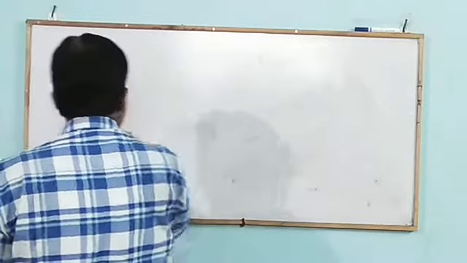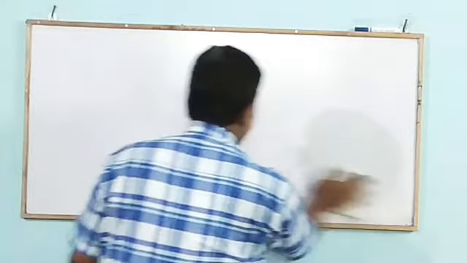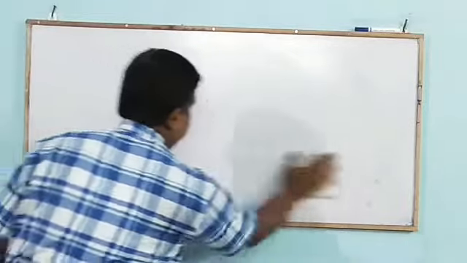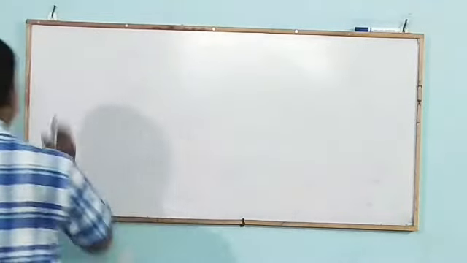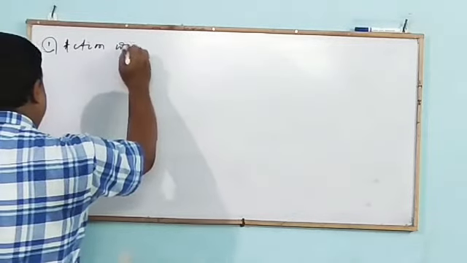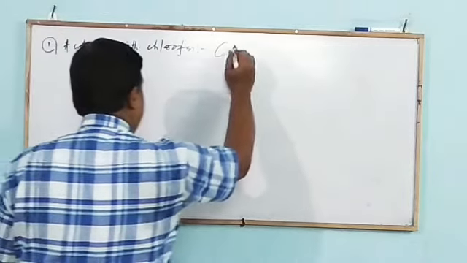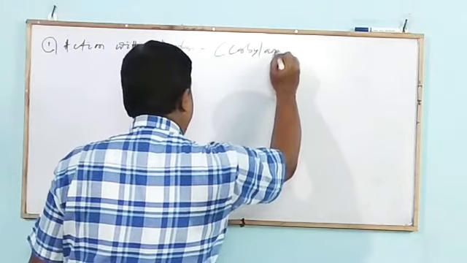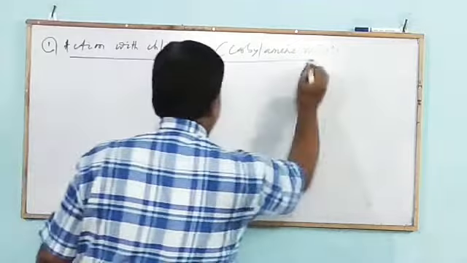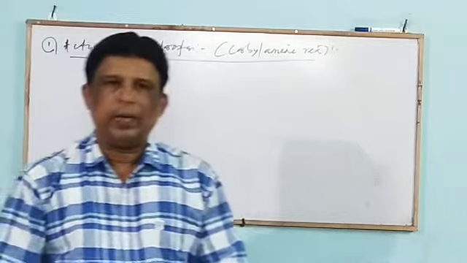The first chemical property is action with chloroform. It is known as the carbylamine reaction. It is an important one, used to identify 1 degree amine from others.